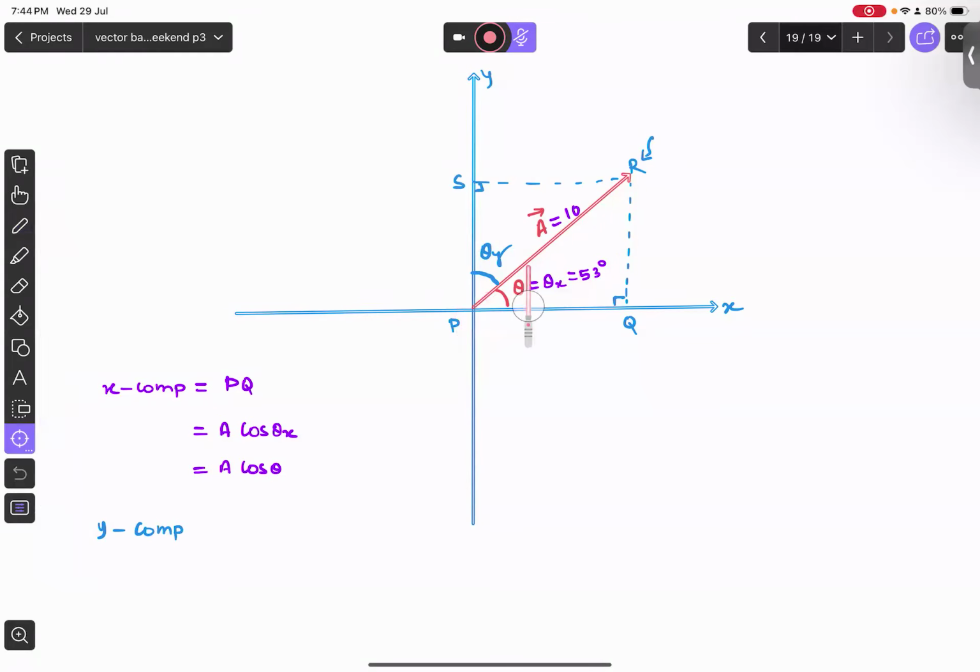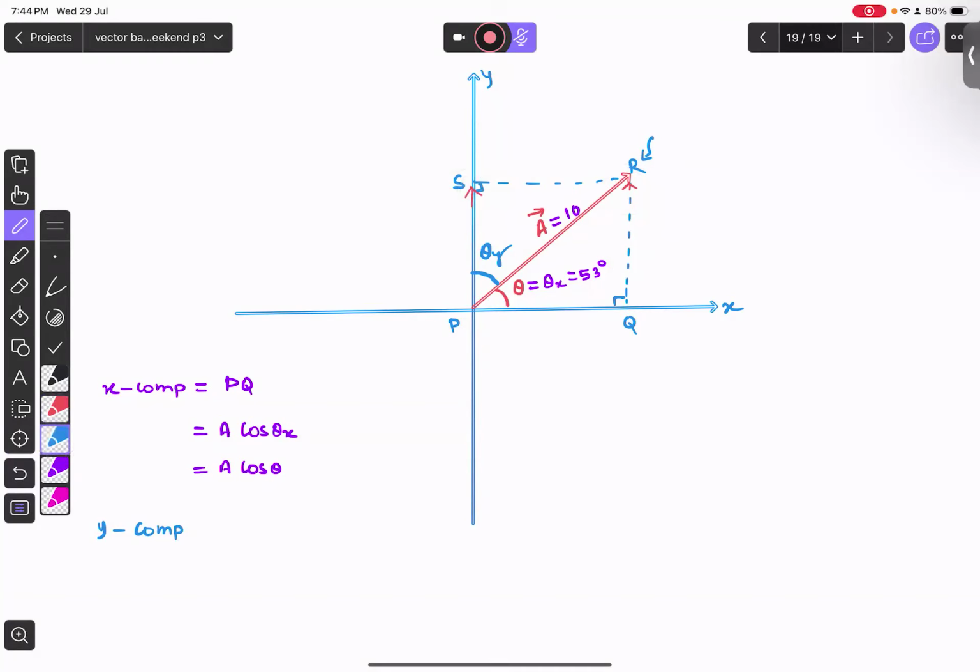Because in doing PR, the length we have done along our y direction is PS. Or even I can say in doing PR, the amount that we have traveled in the y direction is equal to QR. Whether you consider QR or PS, both are of same length, no?